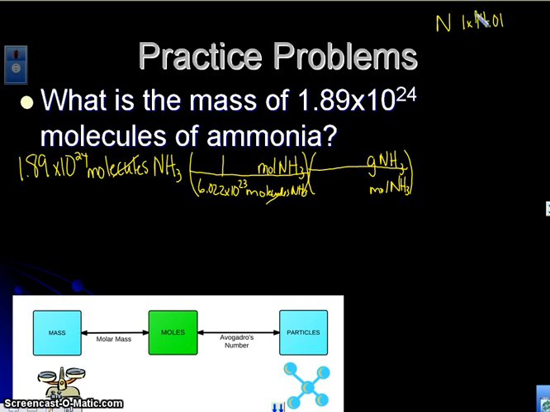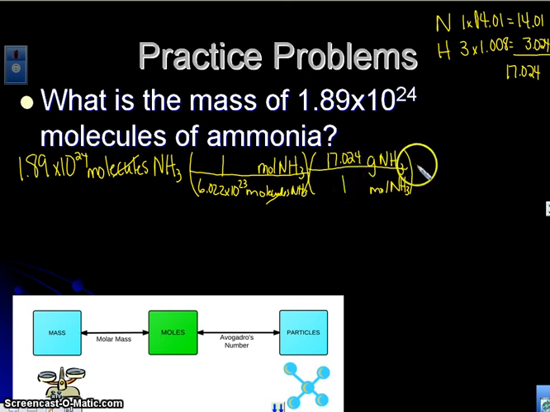That's going to give us a total of 14.01. And with hydrogen, we have 3, and they have a molar mass of 1.008, and that gives us 3.024. If we add those together, that's going to give us a total of 17.024. That is the number of grams of ammonia, 17.024 grams of ammonia in 1 mole.